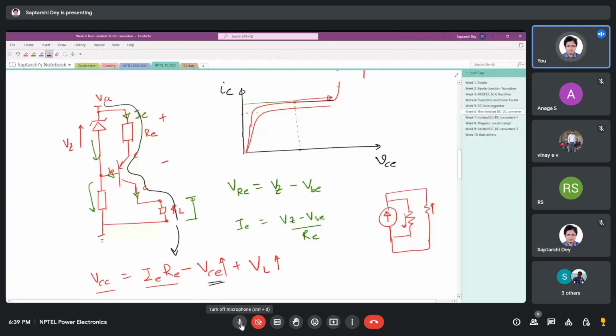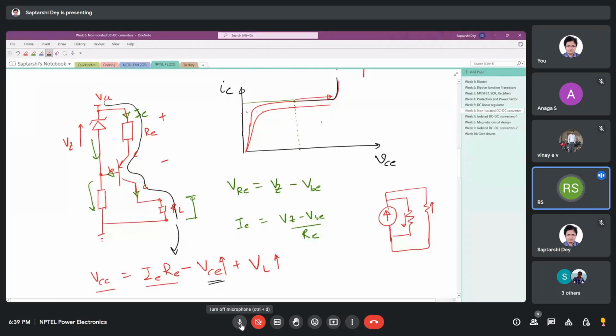There is a limit beyond which breakdown happens. So I think this will dictate the maximum load voltage, the maximum load resistance. Then VCE decides what load we can connect here. Yes, looks like that.